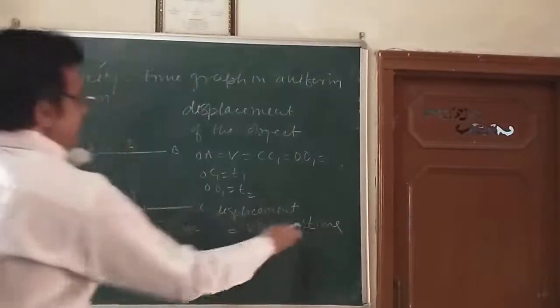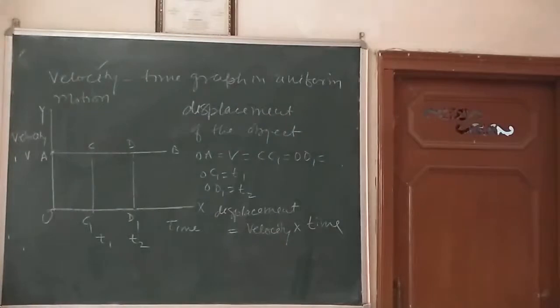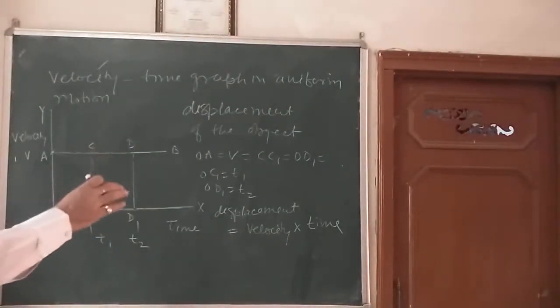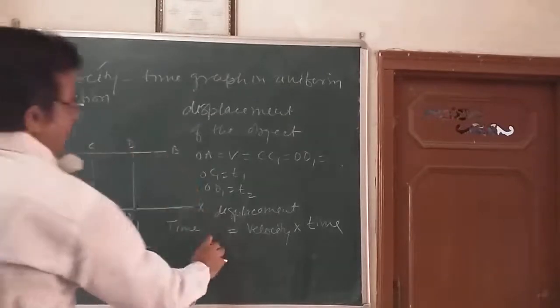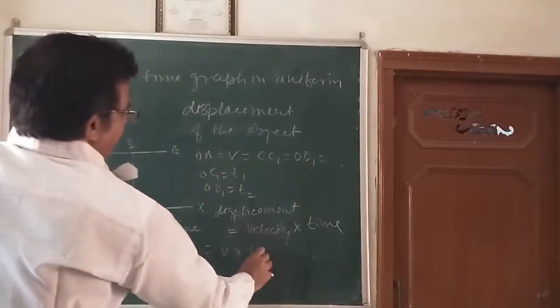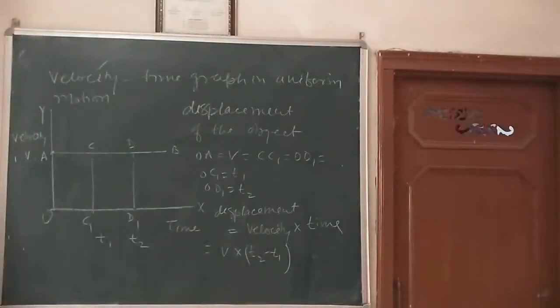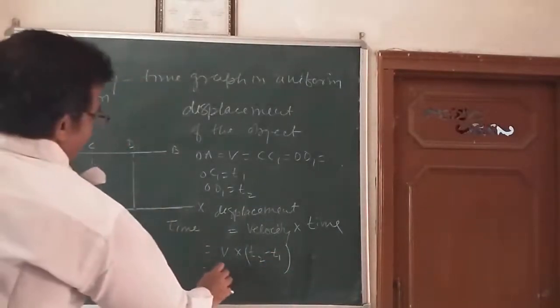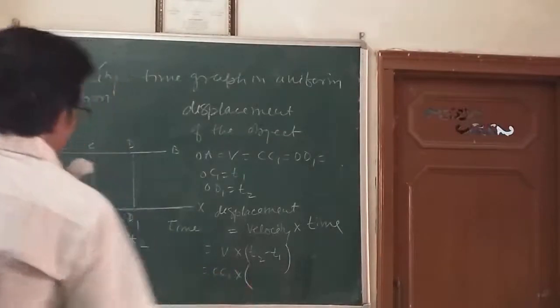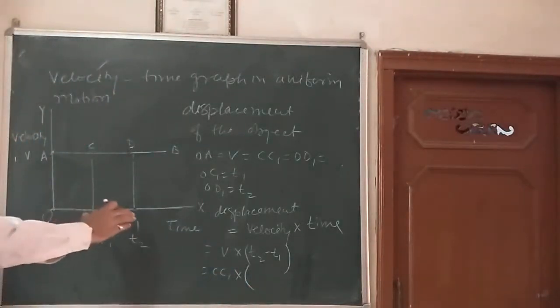This is the formula for displacement. Uniform velocity, that is V along AB, into time interval T2 minus T1. V, that is CC1, into OD1 minus OC1.